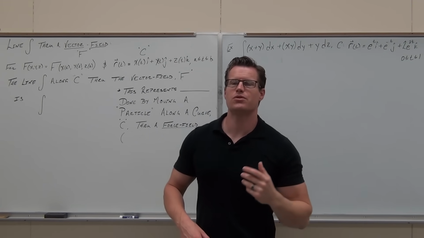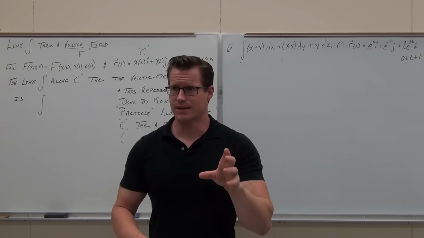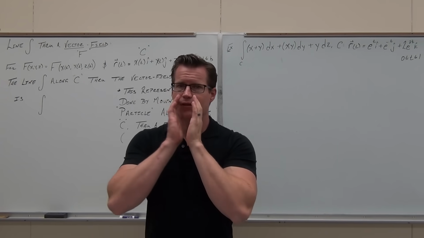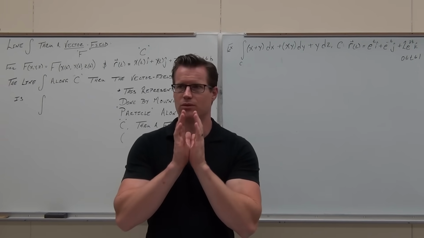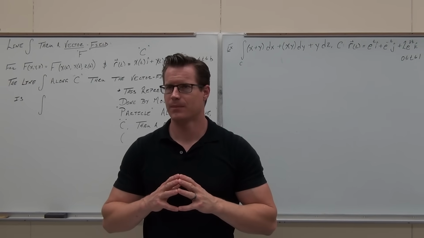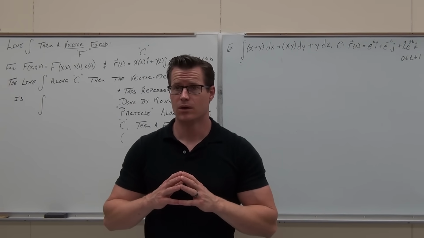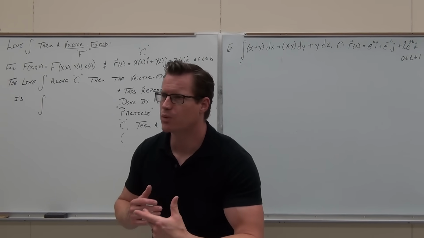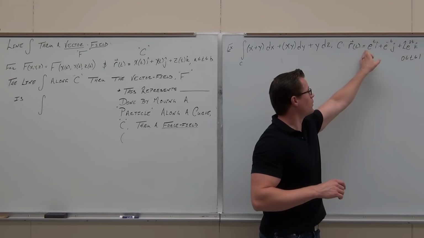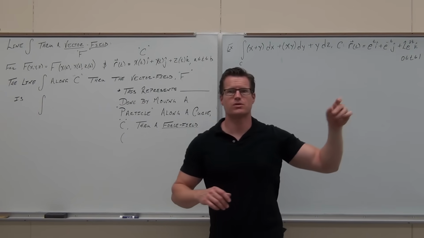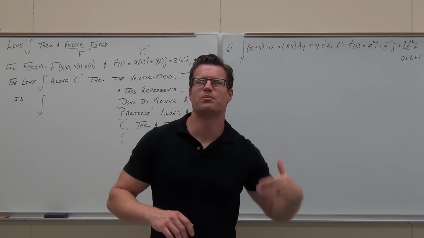Now, I want you to think about something. We had this on our very last example, last time in class. If you don't have a ds, look at your integral. Do you have a ds? No. The only reason we needed the vector function was so that we took a derivative of it and then took the magnitude and used that to replace the ds.